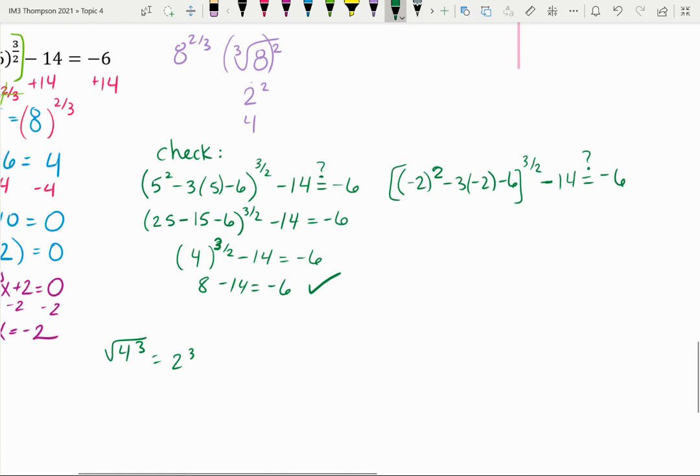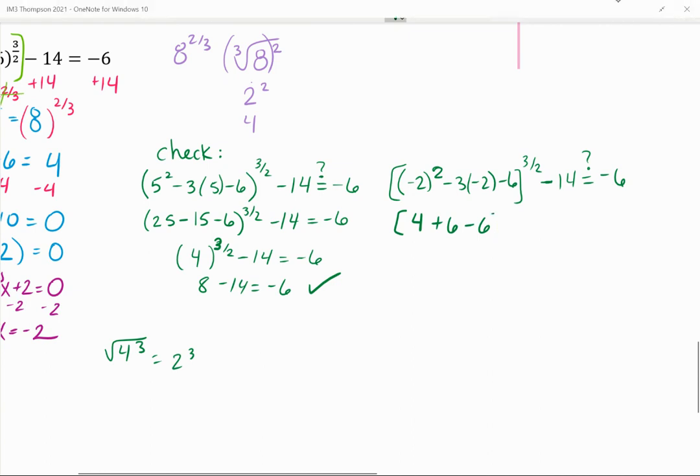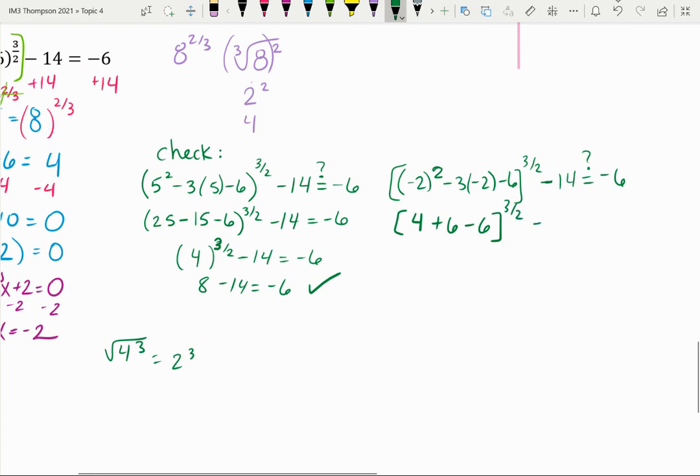So I'm going to do the -2 squared, which gives me a 4. -3 times -2 gives me a +6. 4 plus 6 minus 6, that's just 4.